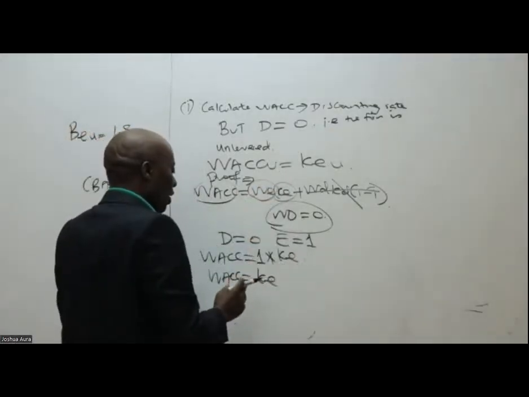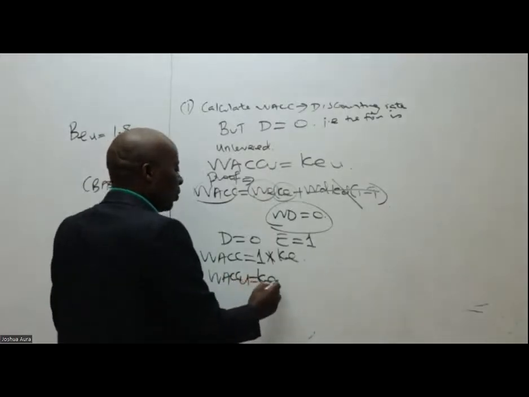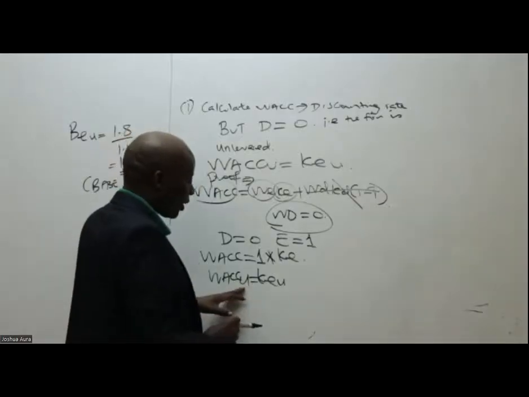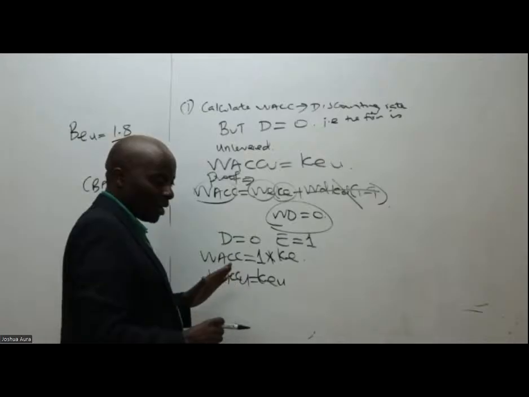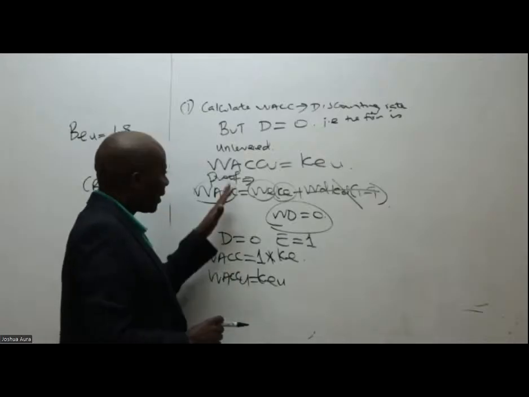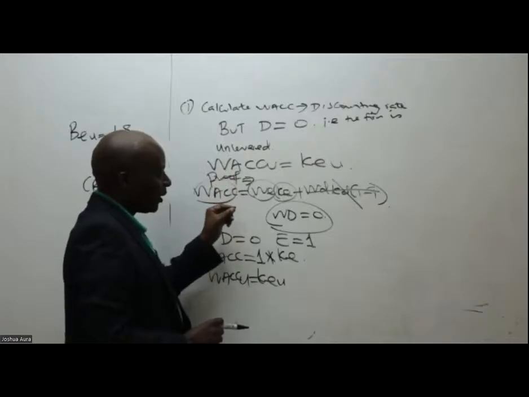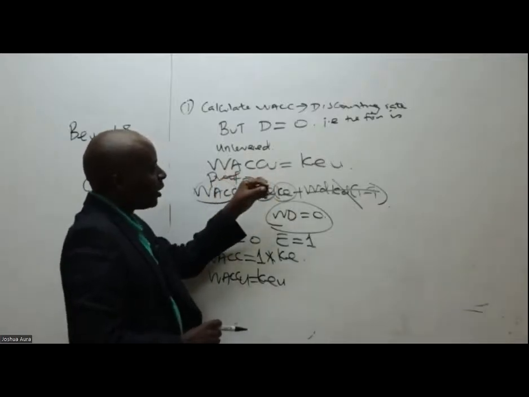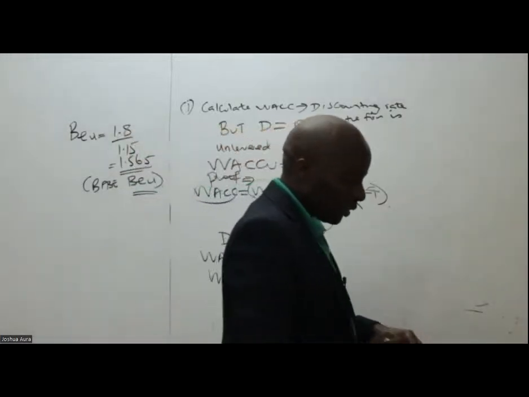For unlevered organizations, WACC U will always be equal to Ke U, where this U stands for unlevered firm: WACC of unlevered firm equals cost of equity of unlevered firm. So forget all these derivations. The most important thing, once you appreciate this, you've already been able to crack the case.